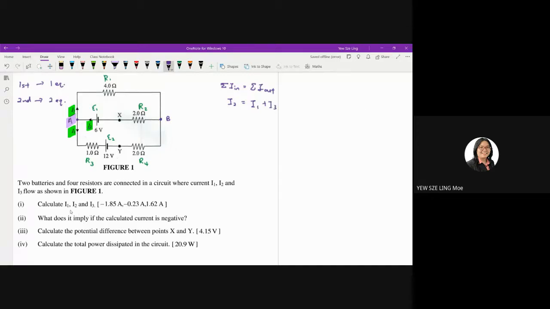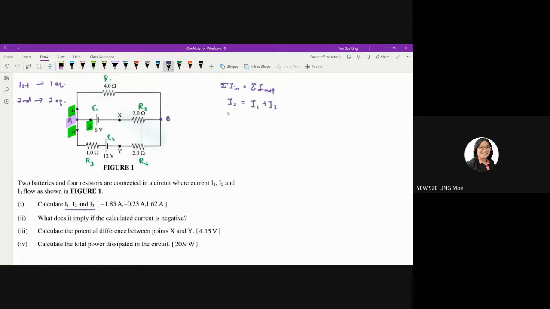And because question A asks me to calculate I1, I2, I3, I know that I have to use the calculator to solve the simultaneous equation. Therefore, I can rearrange the equation first. Okay, I can straight away rearrange the equations rather than wait until I form all of the equations and then do the rearrangement again. Okay, so saya tak nak tunggu dah. Saya terus buat rearrangement dulu, tapi saya tunggu sampai saya siap tulis semua equations, and then baru ulang sekali lagi untuk rearrange.